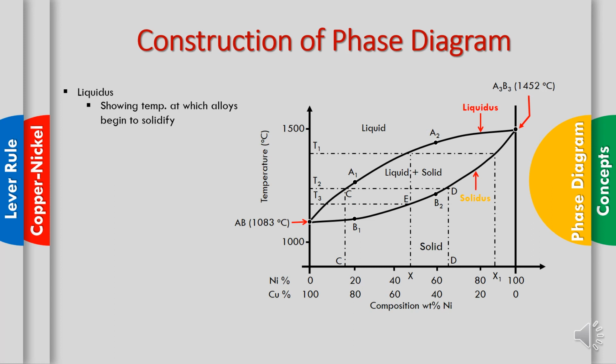Here we have a solid-liquid mixture, separated from the liquid region by this line, which we call the liquidus. The upper region is the liquid region, and below the solidus line we have a solid solution of nickel and copper, but in the solid phase.